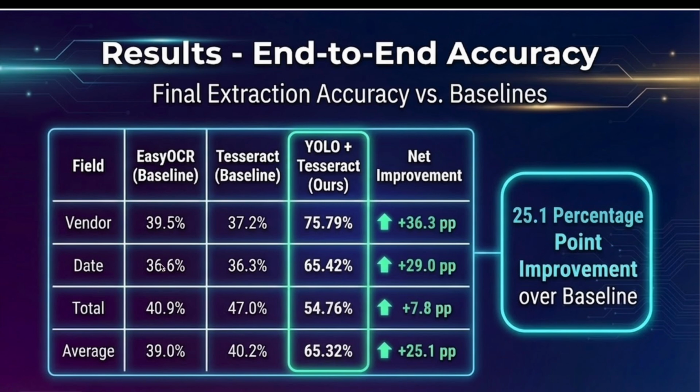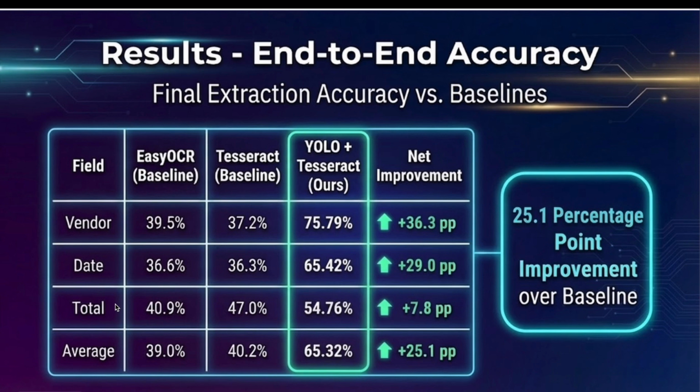Date extraction improved by 29% points from 36.6% to 65.42%. Again, localization helps by filtering out false positives like expiration dates or item timestamps scattered throughout the receipts.